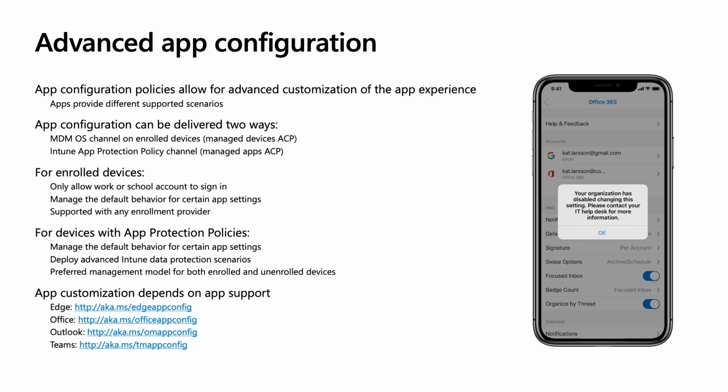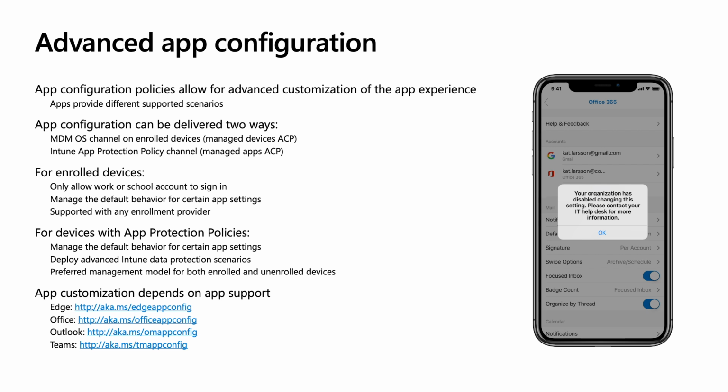Back to enrolled devices, we have a neat configuration in our UX to provide for the ability to enable just a single allowed work or school account to sign in. This essentially enables only one user to sign in on the device and no others. We also get the ability to manage the default behavior for application settings, and we can support this with any enrollment provider, not just Microsoft Endpoint Manager.